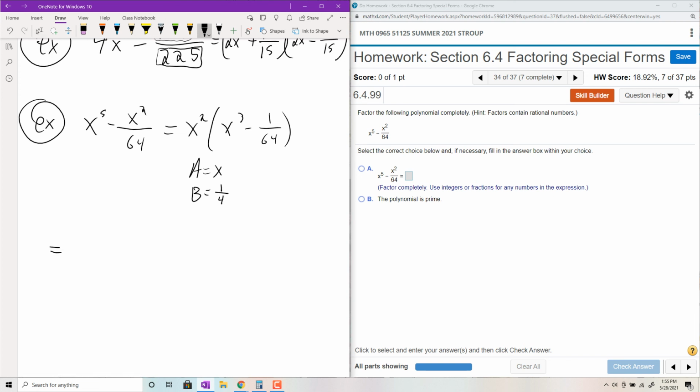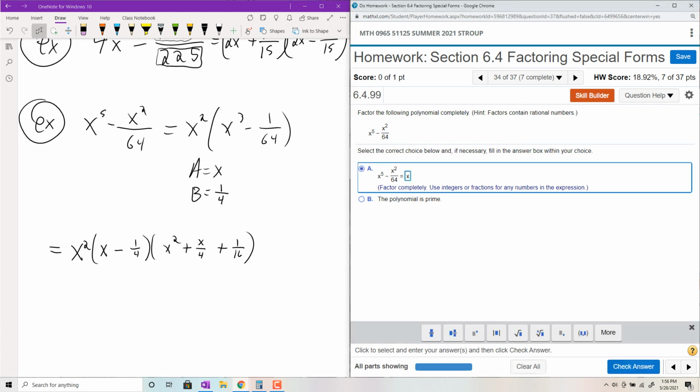Okay. So this is going to end up being x squared times, same, opposite, always positive. So we have x minus 1/4. And then we have x squared plus 1/4 x, or if you'd rather x over 4, doesn't matter. And then 1/16, 1/4 squared.